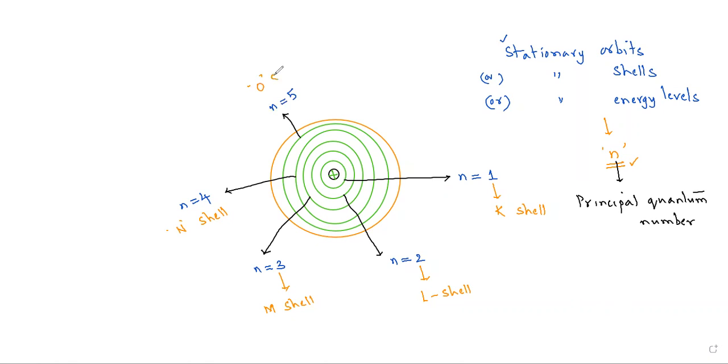Now that's how you will have infinite number of orbits in an atom. Of course, I have shown few. K, L, M, N, O, P, like that, it goes on. Okay, so this is how the electronic arrangement can be explained.